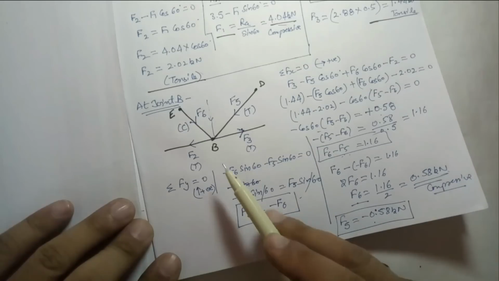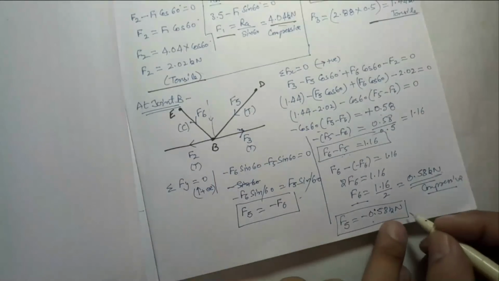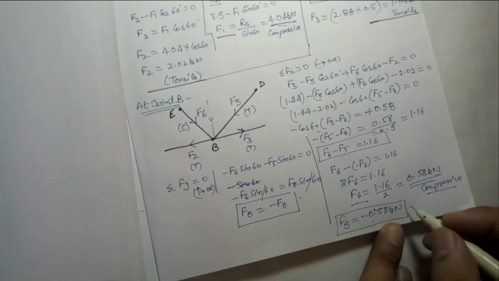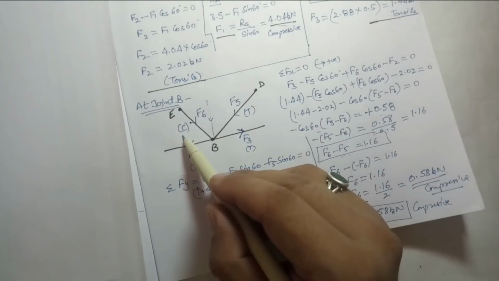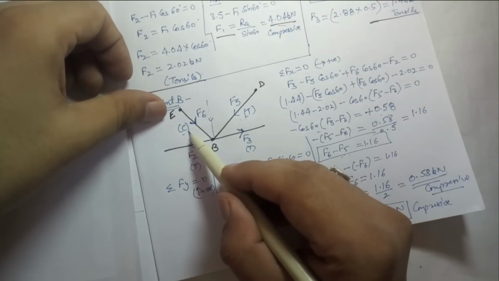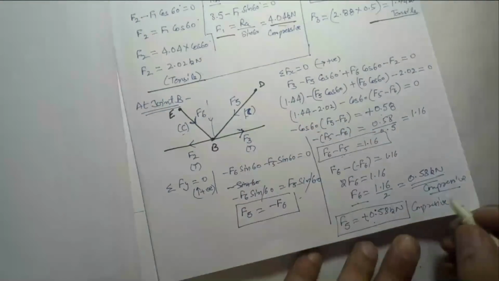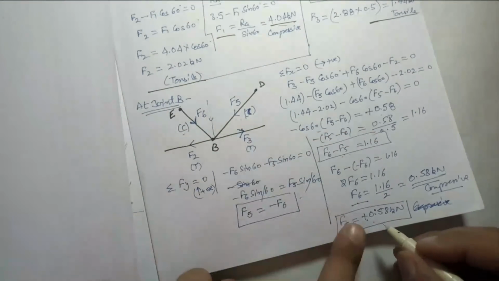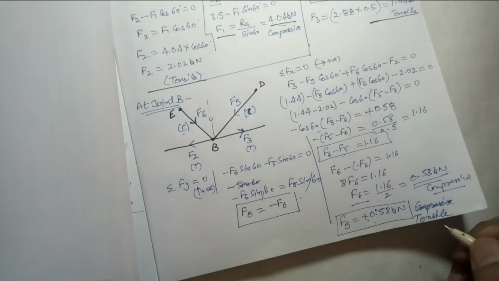Here I have taken the direction the same, but I wrote compressive and tensile, and this was wrong. I assumed it compressive, and since it is coming minus, our assumption is wrong, so that is tensile, opposite to the assumption.